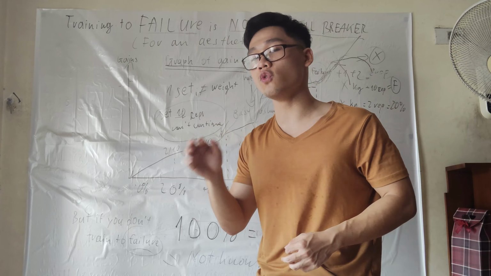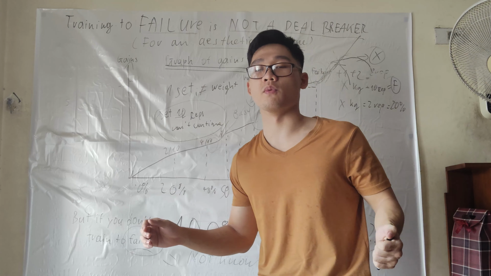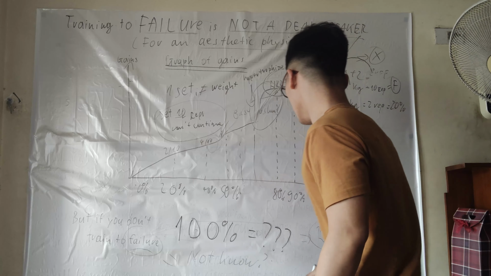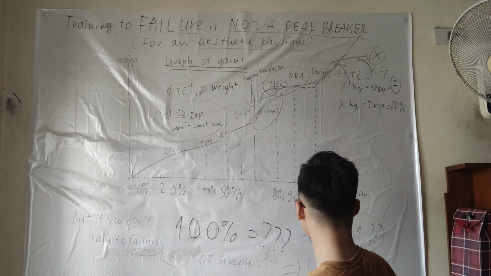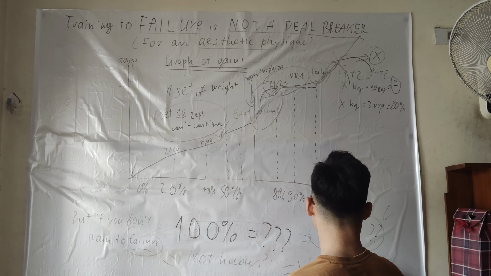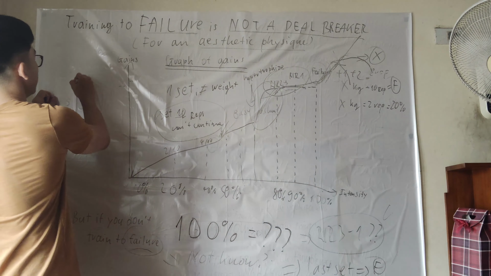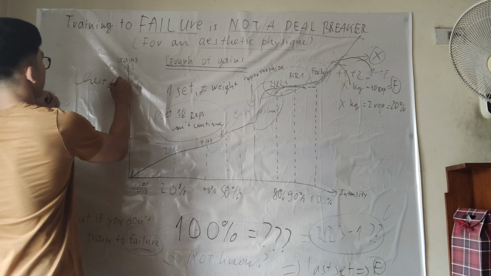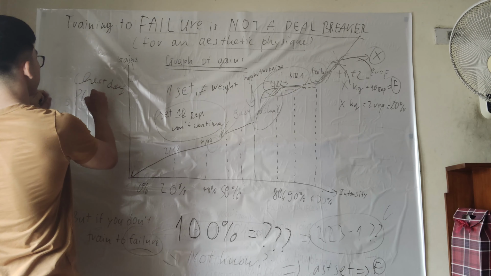You don't need to train to failure if you don't want to hurt your muscle too much or if you have problems with recovery. But your last set must reach failure. That could look like a chest day with an inclined push-up. Okay, let's just do push-ups for easy.